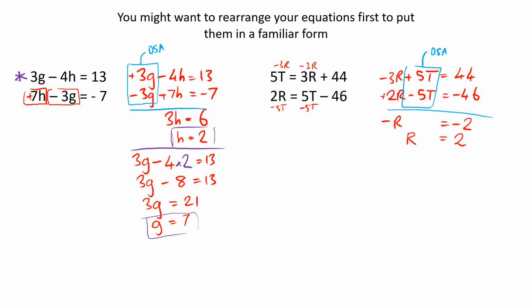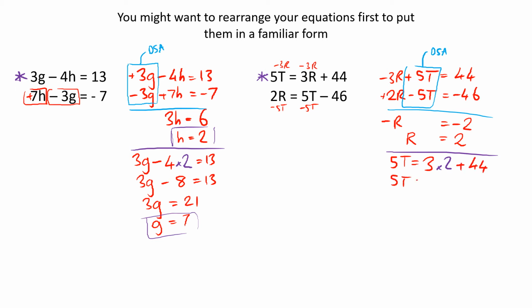And for the second question, I might choose this as being the equation I go into, but again, any of them work. Feel free to try a different one if you want. And that will tell us 5t is equal to 3, and we know r is equal to 2, and we're multiplying because they're next to each other, and things next to each other in algebra are multiplied, plus 44.